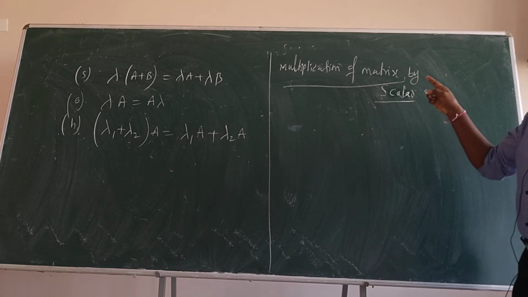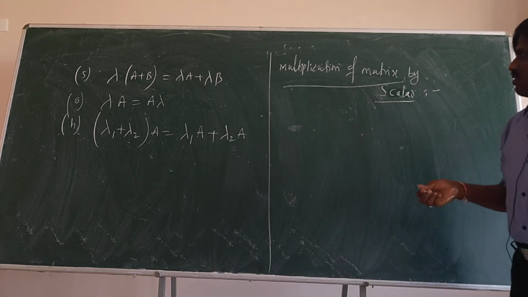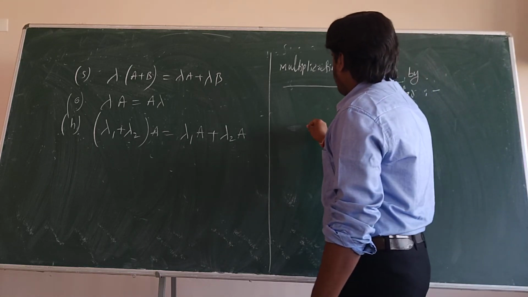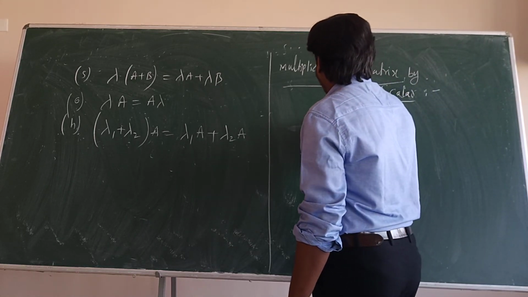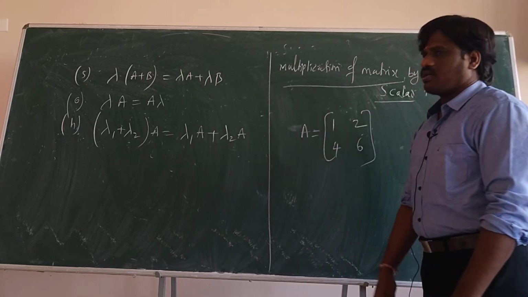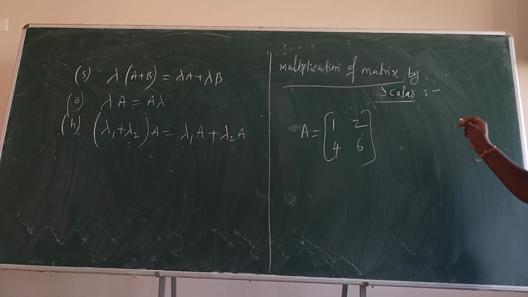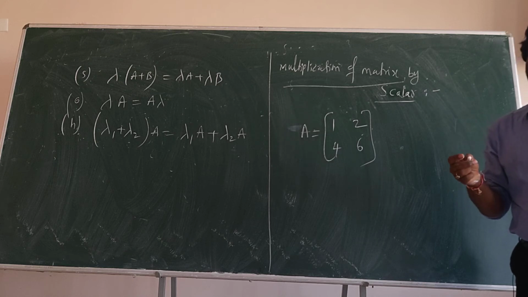Matrix, multiplication of a matrix by a scalar. Suppose a matrix is there like 1, 2, 4, 6, and I want to multiply this matrix with any constant. Tell me one constant. Sigma.